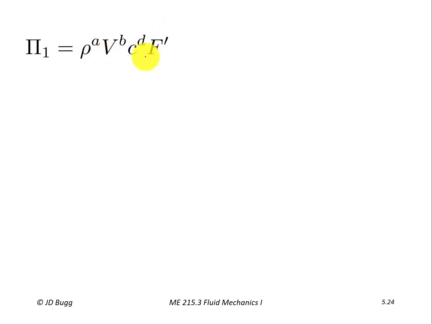If this is going to be a dimensionless number, it means that the dimensions of these 4 quantities, when combined together, have to all cancel out. So that's how we choose these powers: we figure out what those powers have to be so the dimensions of this group taken as a whole all cancel out, or in other words, so it becomes a dimensionless number.